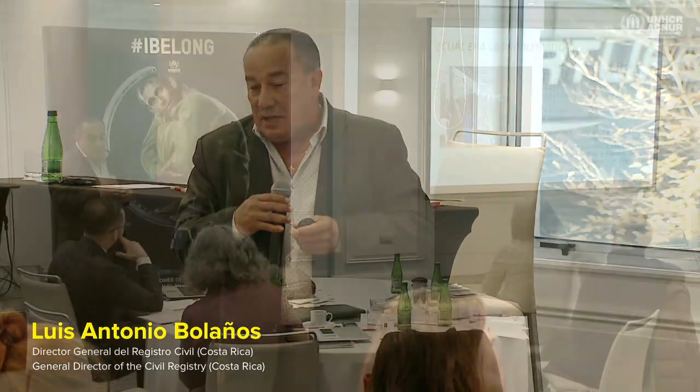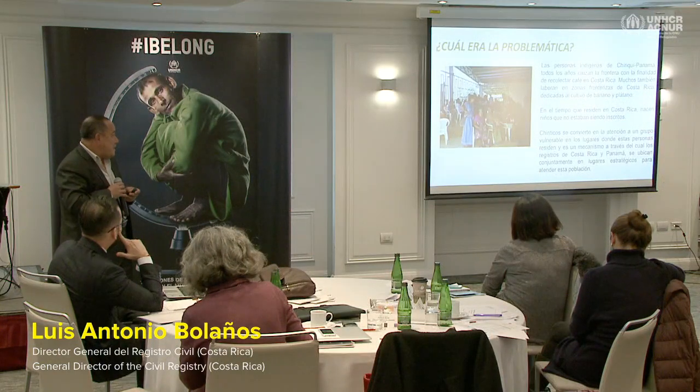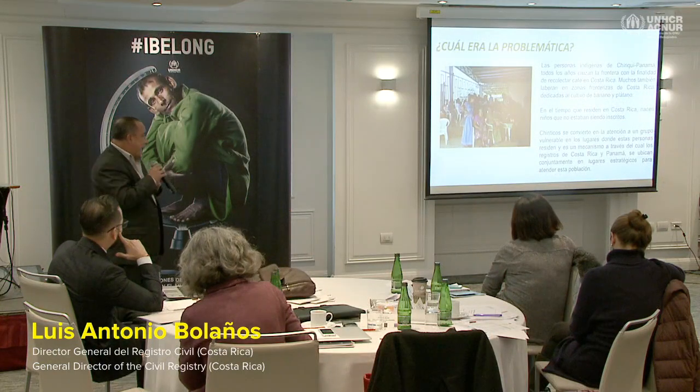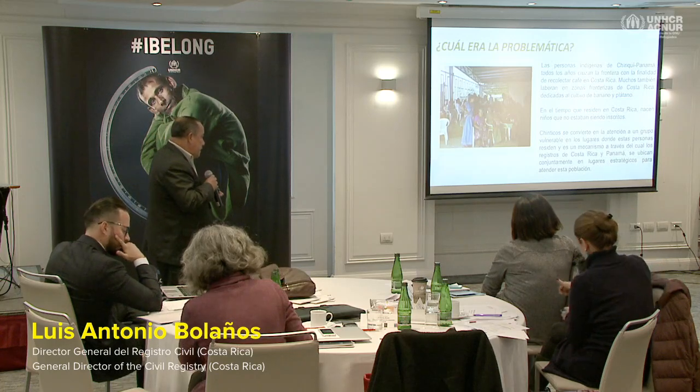And the problem is that they are migrating to areas where they had not been naturalized, as these were coffee farms. The employees that were there were not even working in good labor conditions.